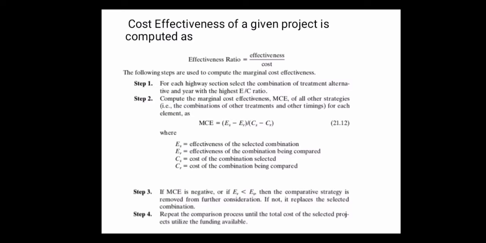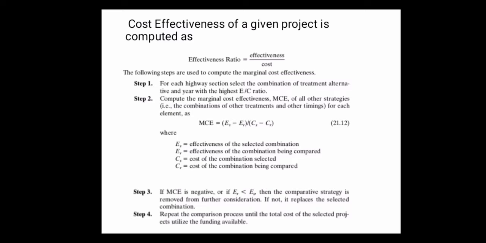Step 2 is compute the marginal cost effectiveness, MCE, of all other strategies including the combination of other treatments and other timings for each element, as MCE equals the quantity of E sub S minus E sub R divided by the quantity of C sub S minus C sub R, where E sub S is the effectiveness of the selected combination, E sub R is the effectiveness of the combination being compared, C sub S is the cost of the combination selected, and C sub R is the cost of the combination being compared.